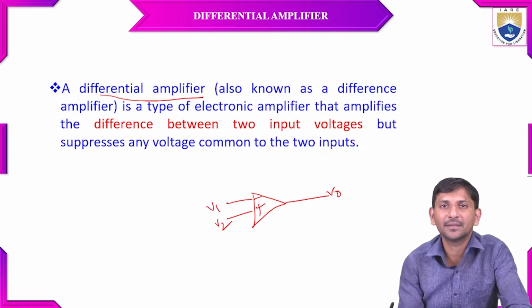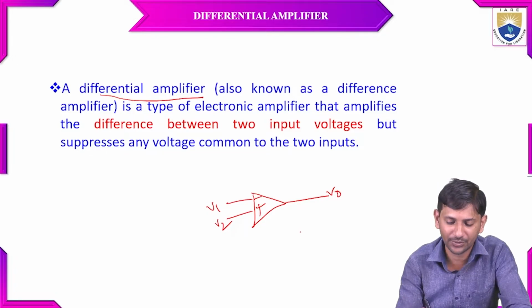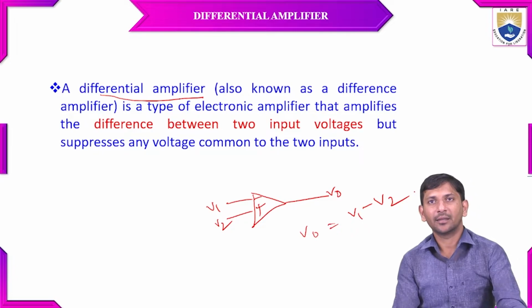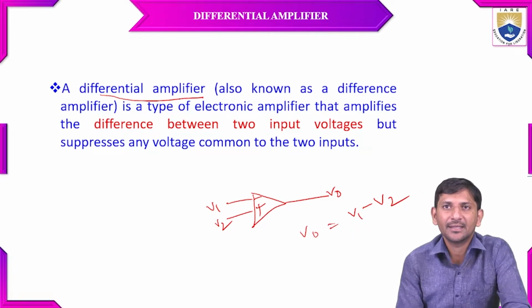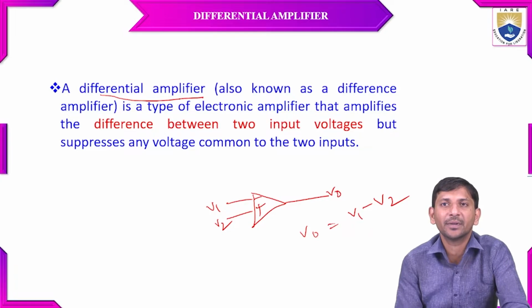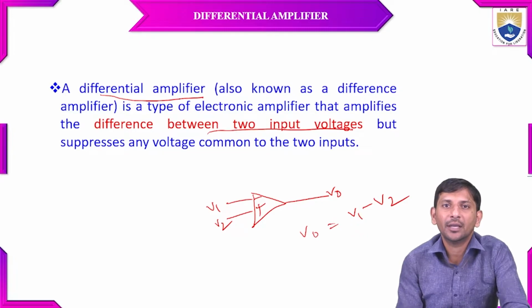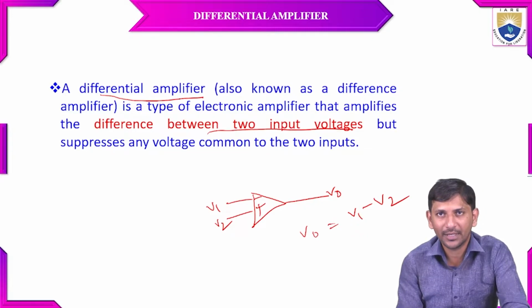The output gives the difference between the two inputs, which is V0 equals V1 minus V2. So a differential amplifier is a type of electronic amplifier circuit which gives the difference between two input voltages.